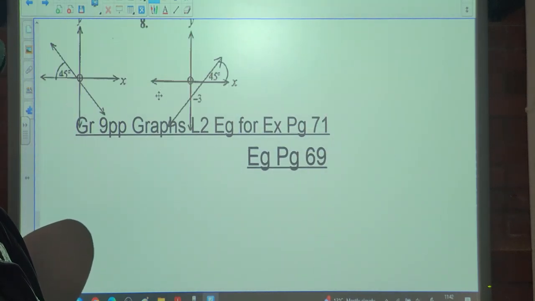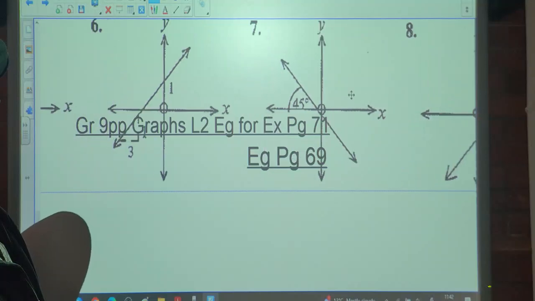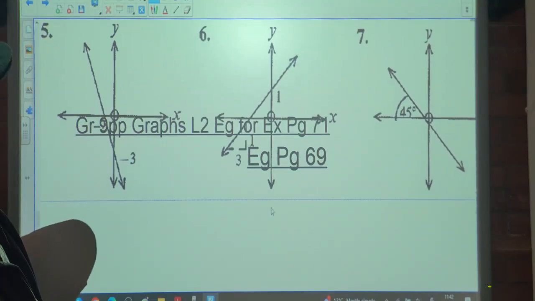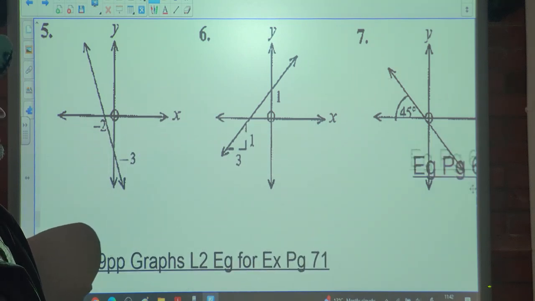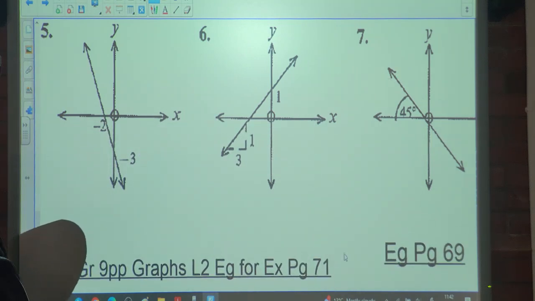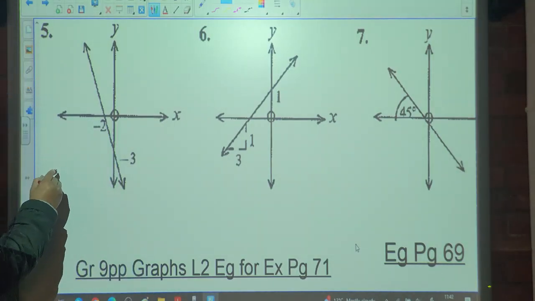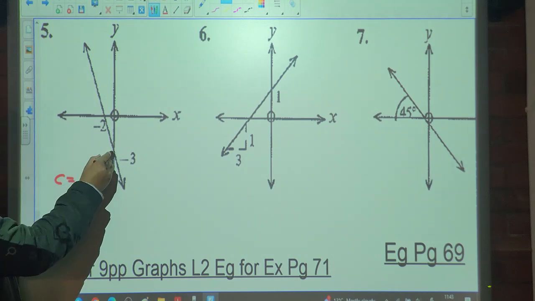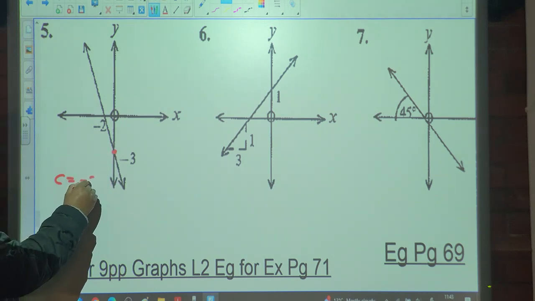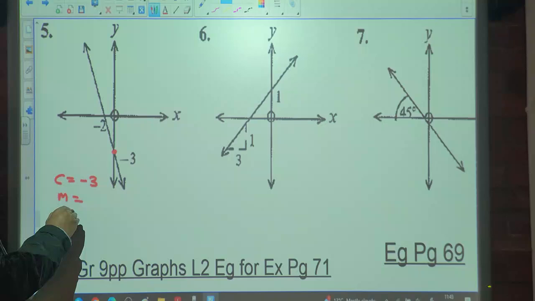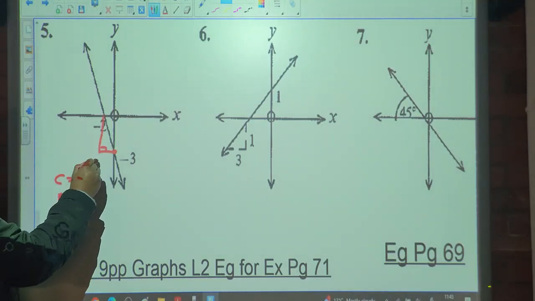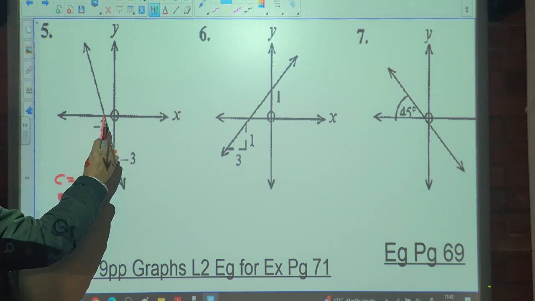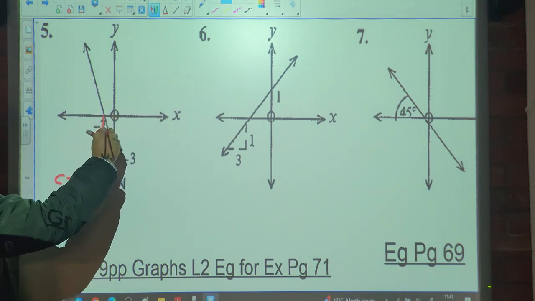We've got the next one. So what's your c value for this graph? Negative 3. Is this gradient positive or negative? Negative. Here's your 90 degrees. So what's your rise? The length of this here will be 3.